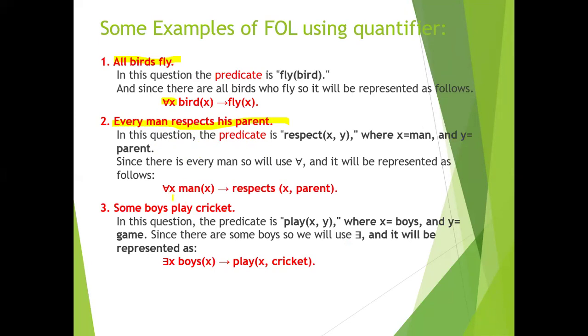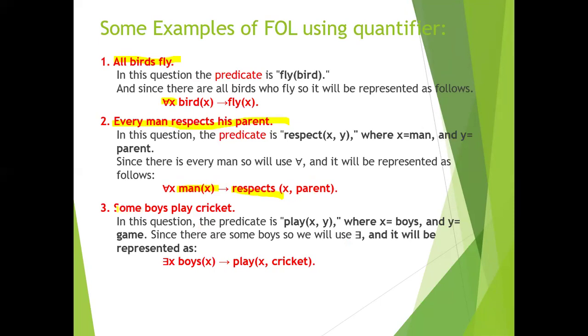Because the term given is every man, that means all, so for all X, that X should be a man. If X is a man, then it calls another predicate, respects, Respects of X comma parent. That X should respect his parent. So if X is a man, then that X will respect his parent.